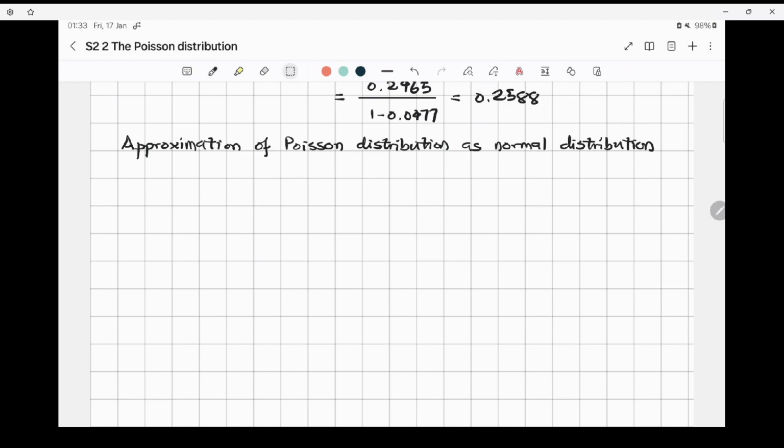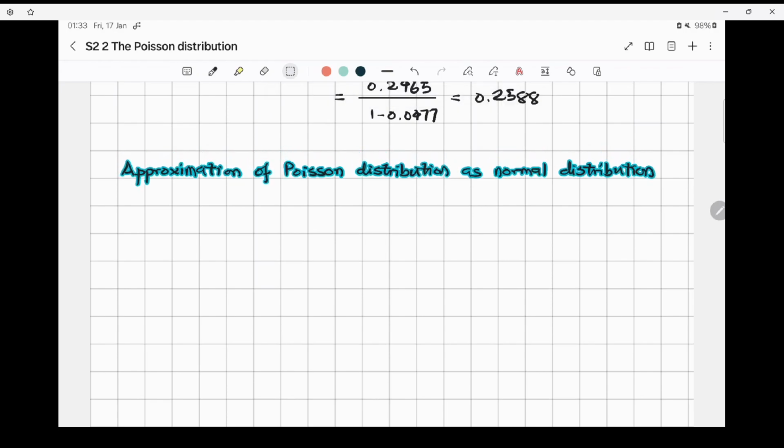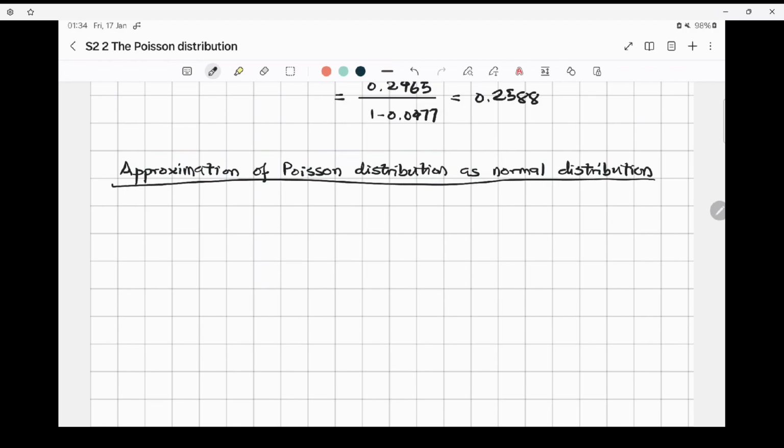Yesterday, when we looked at approximating the binomial distribution with the Poisson distribution, because both are discrete random variables, or discrete probability distributions, you don't really need to use continuity correction when you do the approximation.